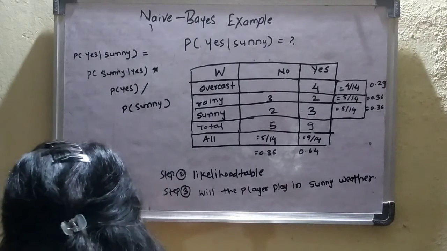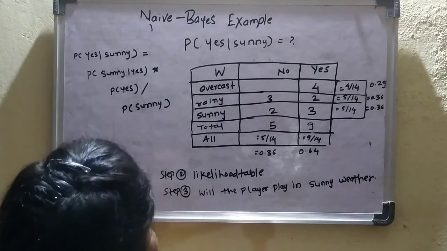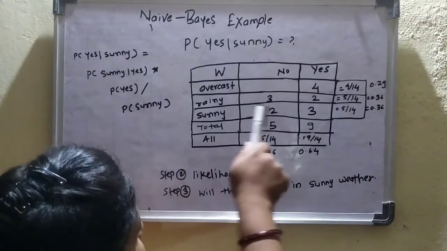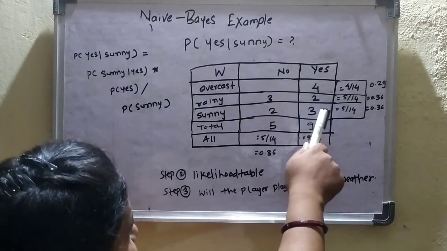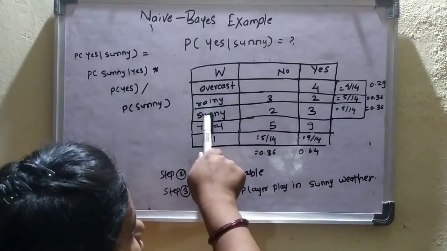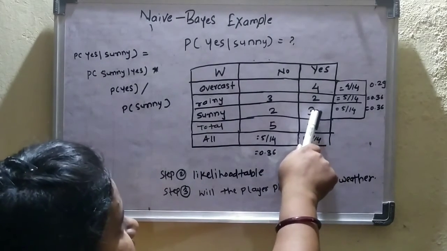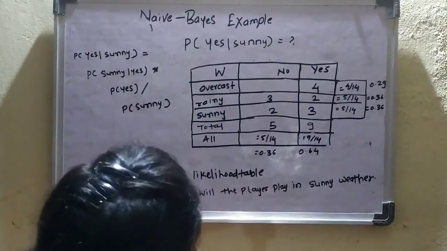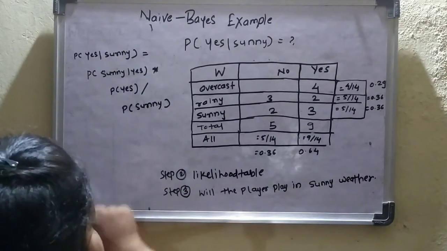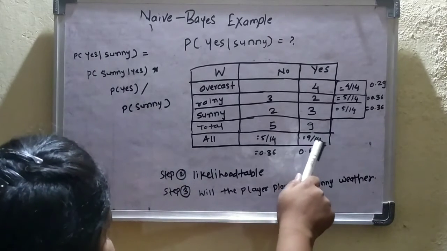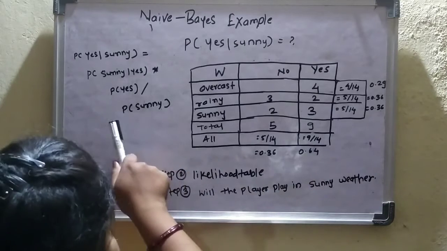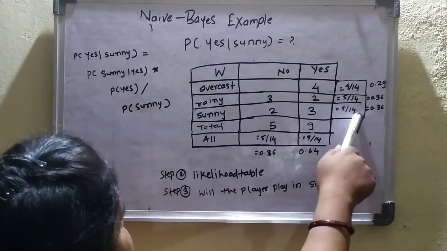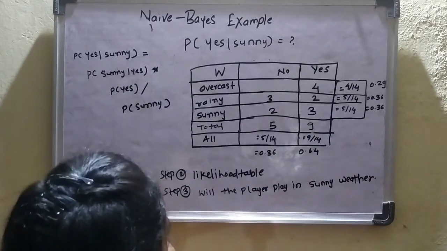How do we know that? We have the probability of Sunny given yes because in the Sunny column we have 3 times yes, out of 9 yes entries. So the probability of Sunny given yes is 3 by 9. Next we have the probability of yes. It is 9 by 14, which is 0.64. Then the probability of Sunny is 5 by 14, which is 0.36. So we have all of these values.